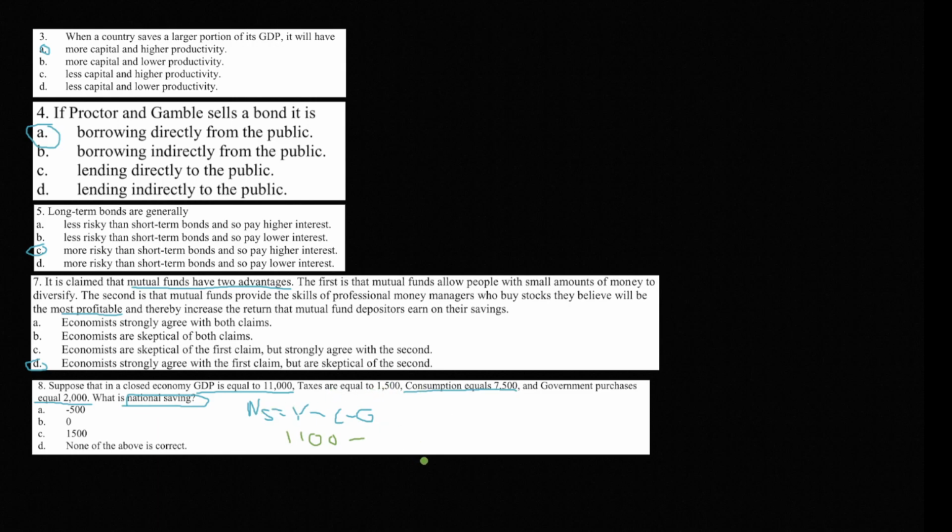There are no taxes in national saving because taxes are subtracted from private saving but added to public saving. So when you add them together, they cancel out. It is not in national saving. So we're just going to subtract our 750 and subtract our 2,000. And that is left with 1,500 for our national saving.